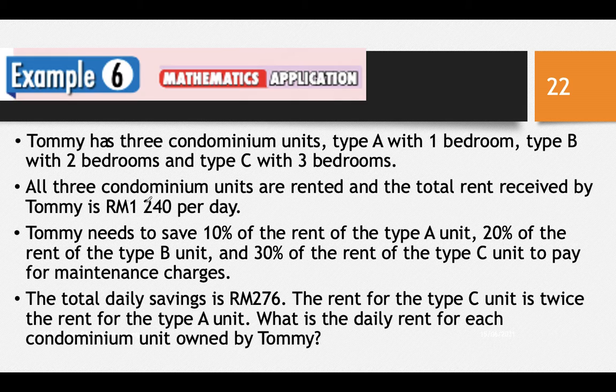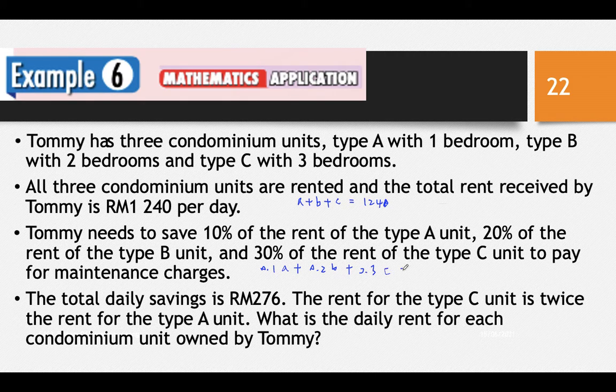Okay. All 3 rented. All A, B, C. Dia punya price ialah 1240. Rented with the price. Lepas tu 10% maksudnya 10 bahagi 100. So 10% is 0.1 for A, 0.2 for B, 0.3 for C. Okay.